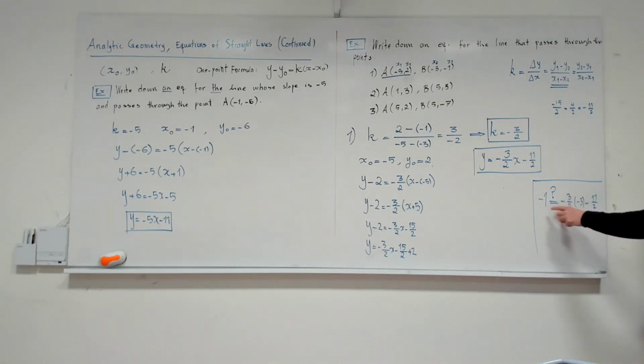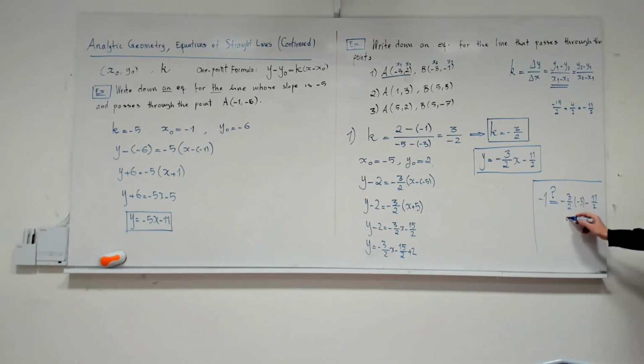We should be able to confirm that. If this is not the case, I have done something wrong in my calculations. Okay, let us confirm that. The left-hand side, I don't need to simplify anything. It's -1. Let me simplify this part. This one multiplied by that one is positive 9 over 2. And this is already minus 11 over 2.